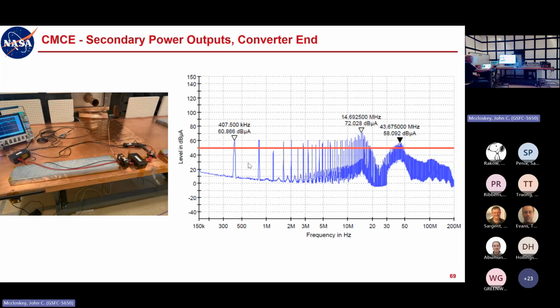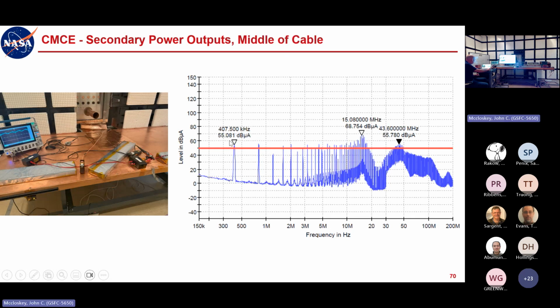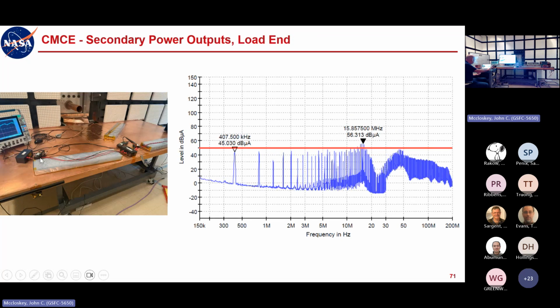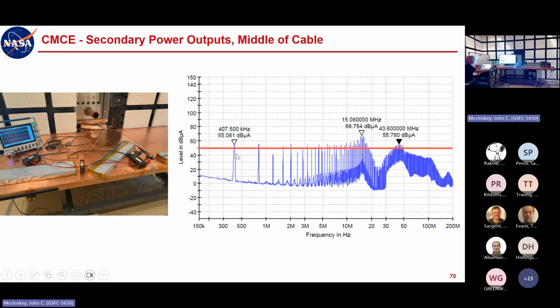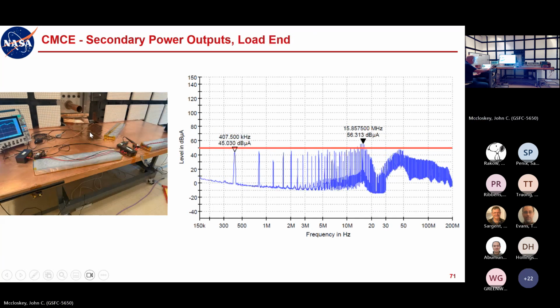So at the EUT end, if we look here, just look at the fundamental, we got 61 dB microamps at the EUT, 55 dB microamps in the middle. That went down by about 6 dB. And then at the load, 45. It went down by about 10 dB when you move the current probe out near the load. So all across the board, the levels are going down.